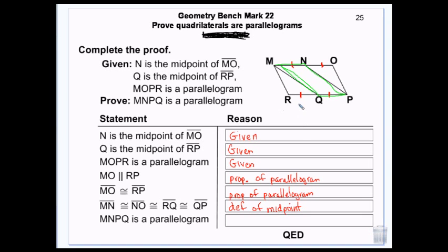We wanted to say it's a parallelogram. Well, we know that these lengths are parallel and congruent. So we have opposite sides that are parallel and congruent. So that's the definition of a parallelogram.